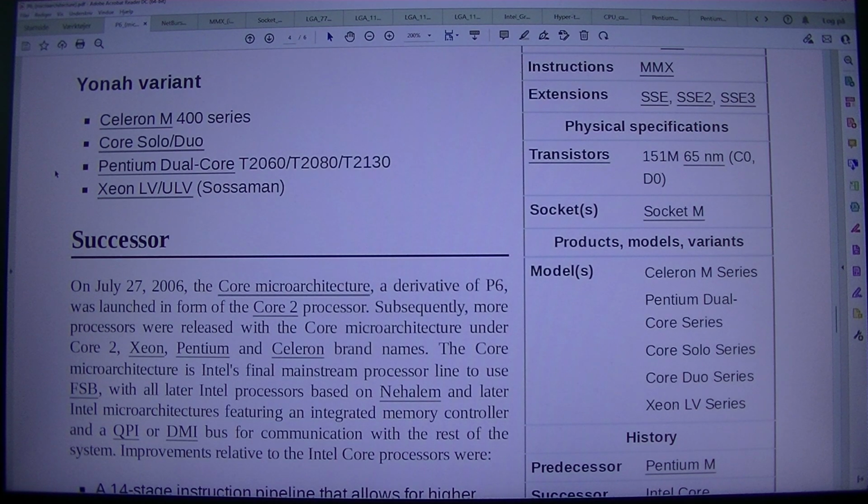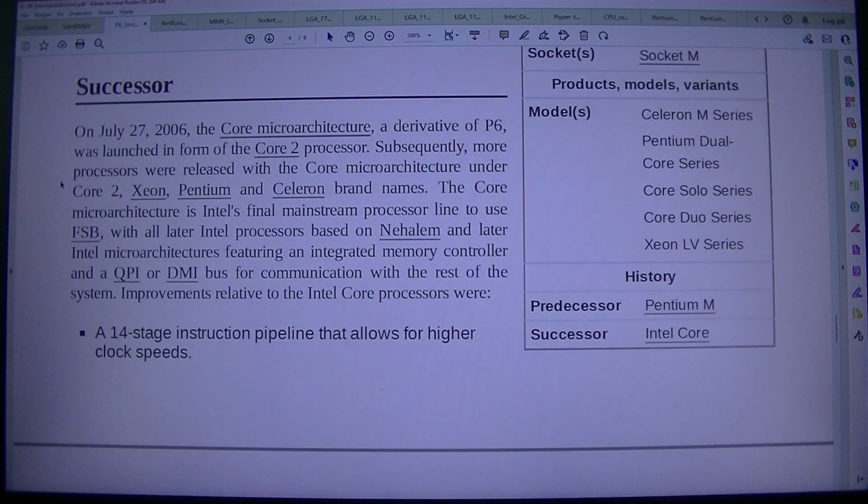Successor. On the 27th of July, 2006, the Core microarchitecture, a derivative of P6, was launched in the form of the Core 2 processor. Subsequently, more processors were released with the Core microarchitecture under Core 2, Xeon, Pentium and Celeron brand names.